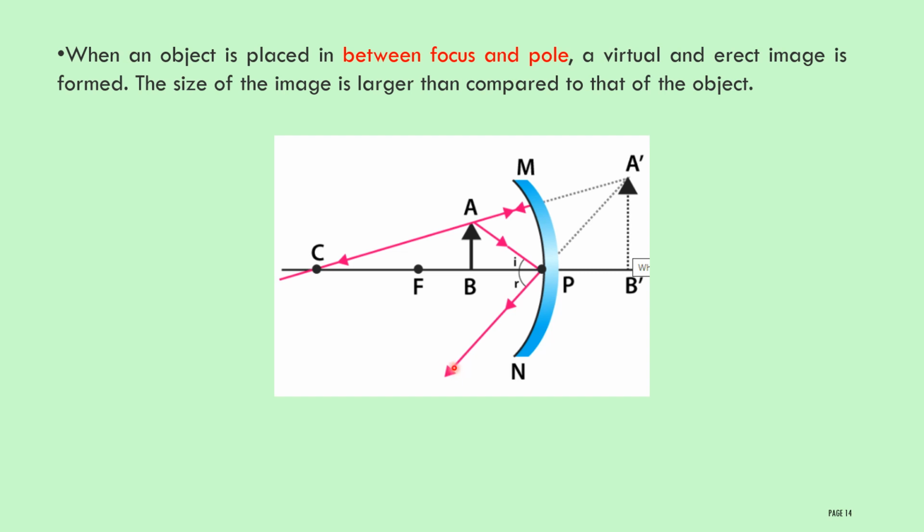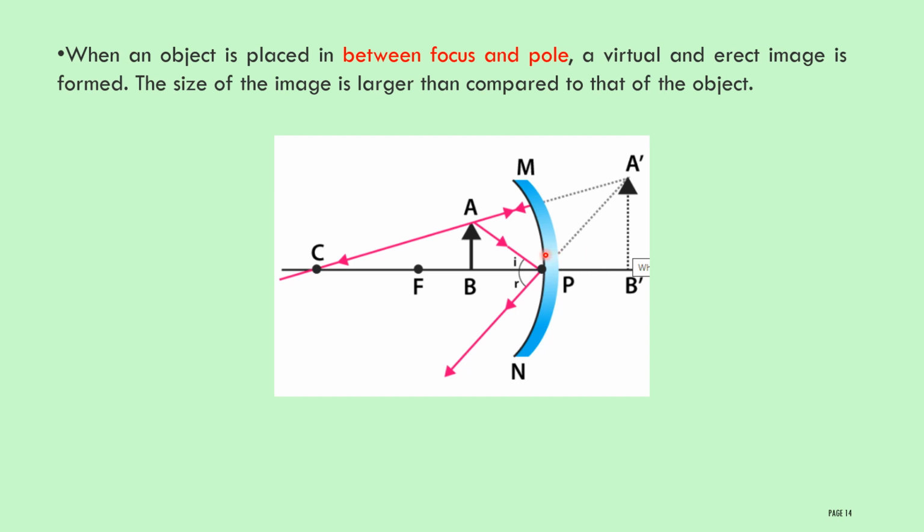These two rays will not meet at a single point in front of the mirror, but after extending these two rays, they will meet at a single point A dash. A dash, B dash is the position of an image. Here you are getting an image beyond the mirror, therefore the image is virtual and also erect. Virtual image is nothing but when you are getting an image beyond the mirror, that type of image we call a virtual and erect image.